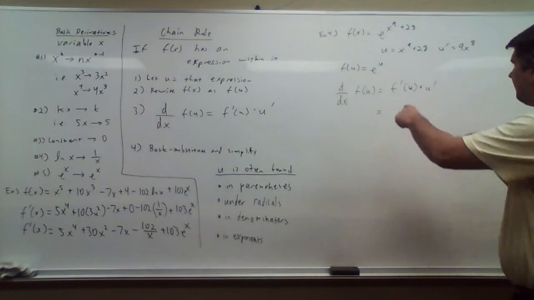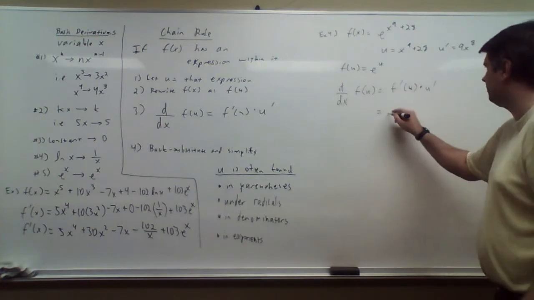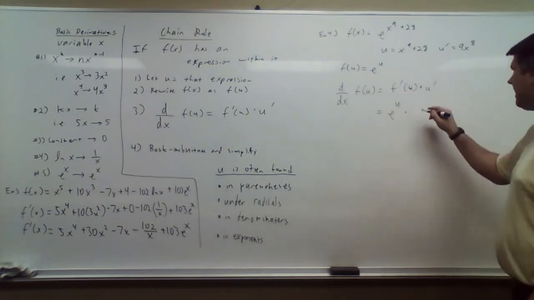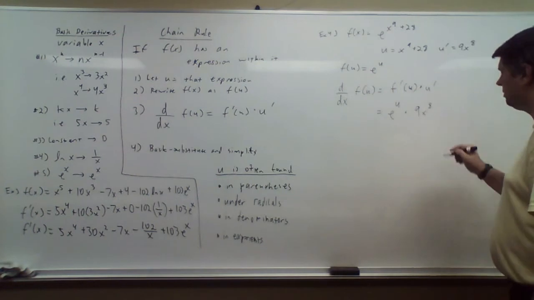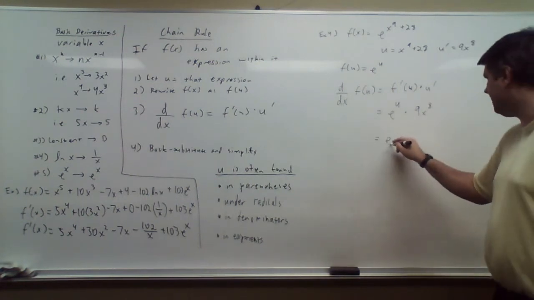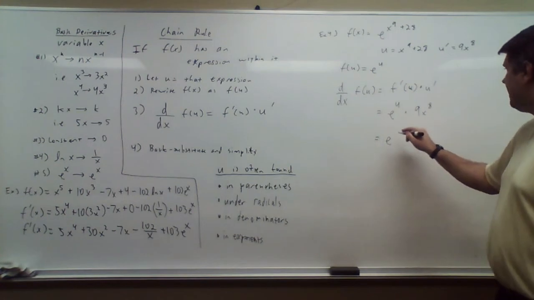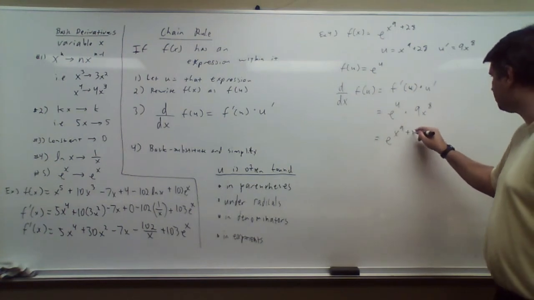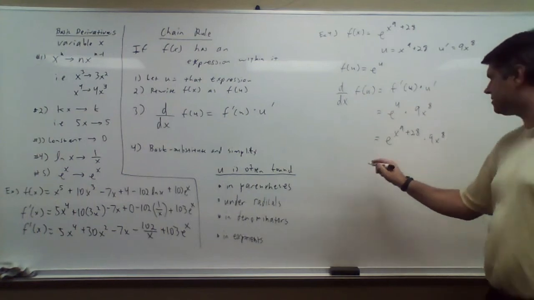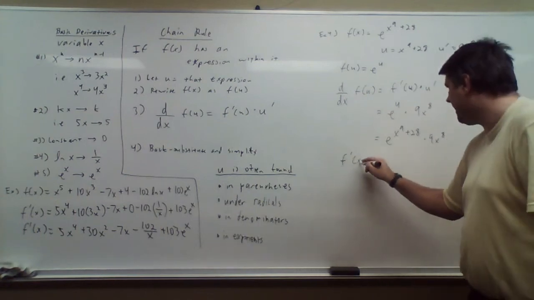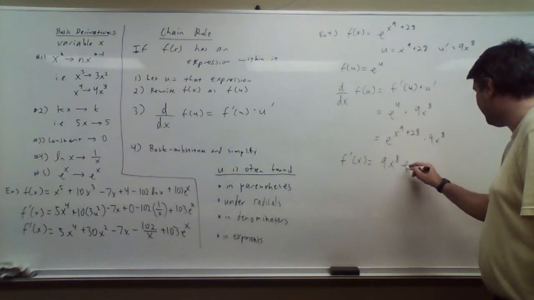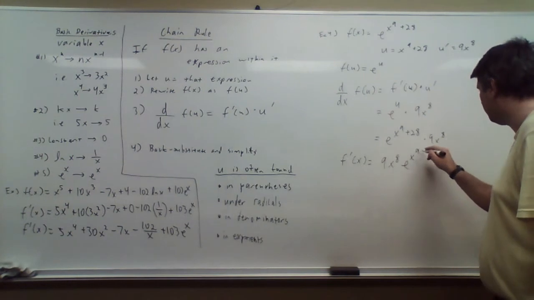We would have the derivative of e to the u as itself, but u prime is 9x to the 8th. So, in the end, we will have e to the x to the 9th plus 28 power times 9x to the 8th. Writing this in a way it would normally be written would be f prime of x is 9x to the 8th times e to its original power.